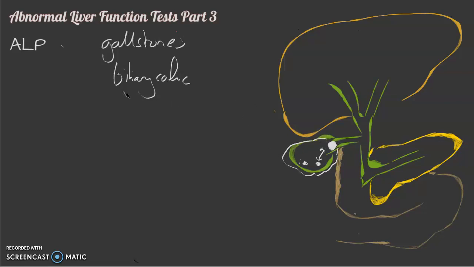That we might term acute cholecystitis. Usually these patients have a raised ALP and right upper quadrant pain, which is constant and lasting quite a while. They can have signs of infection of the gallbladder, so fever and high white cell count. These are the features of acute cholecystitis.